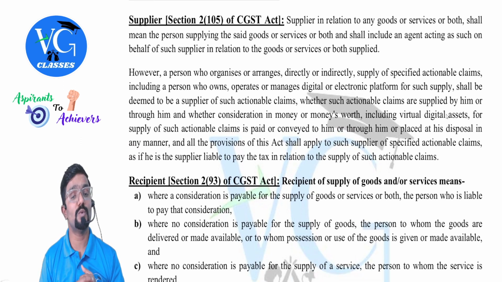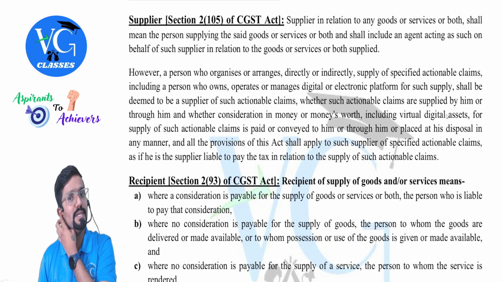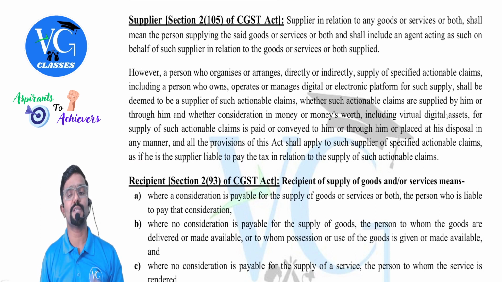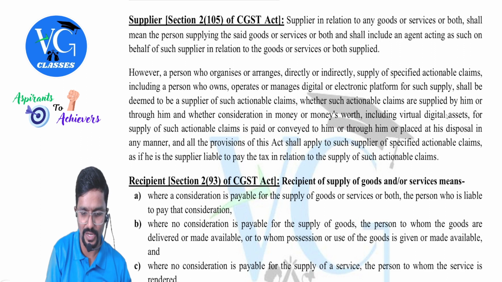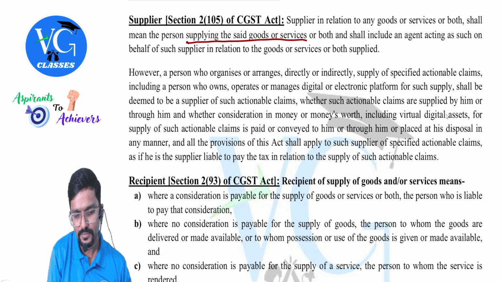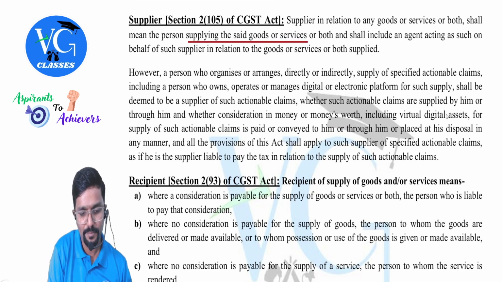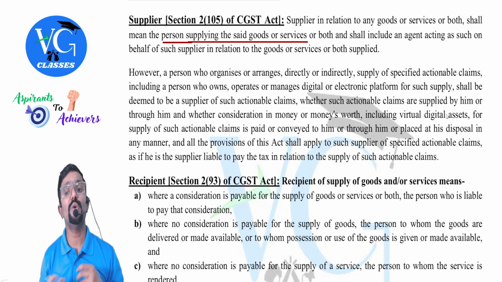Supplier, Section 2, clause 105 of the CGST Act. Supplier in relation to any goods or services or both shall mean the person supplying the said goods or services. Whoever is supplying the goods or services. This is the key line. This is enough for us to lock. And shall include an agent acting as such on behalf of such supplier in relation to goods or services or both supplied.